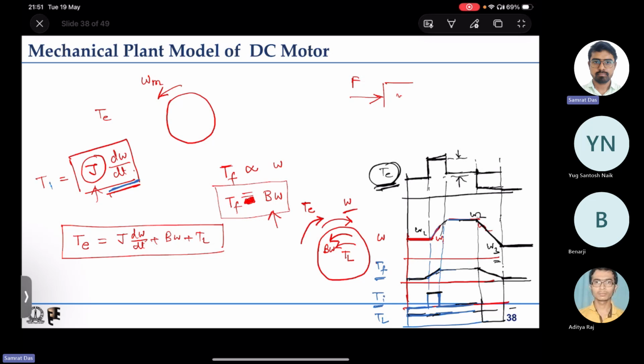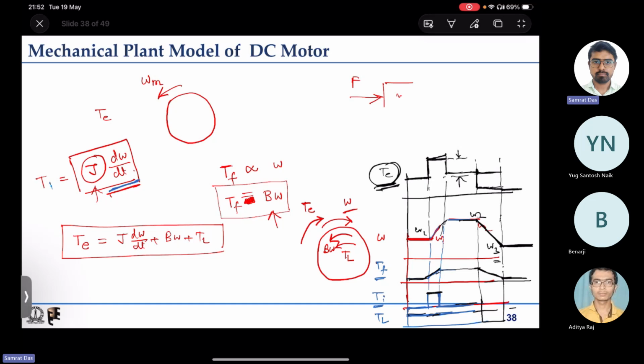If we have a power electronic converter that can take some current back, that current can come back and charge the battery, and the energy can be stored in the battery. That is what is known as regenerative braking.